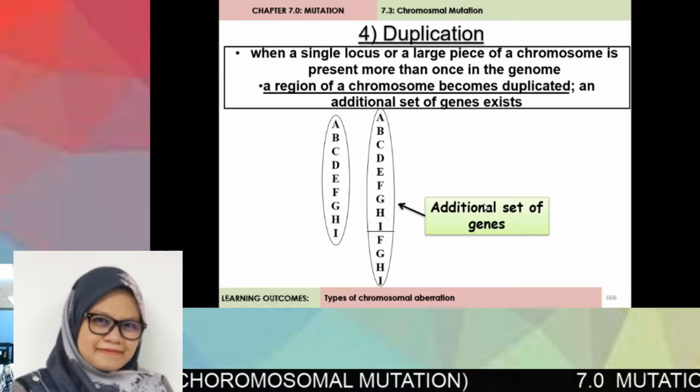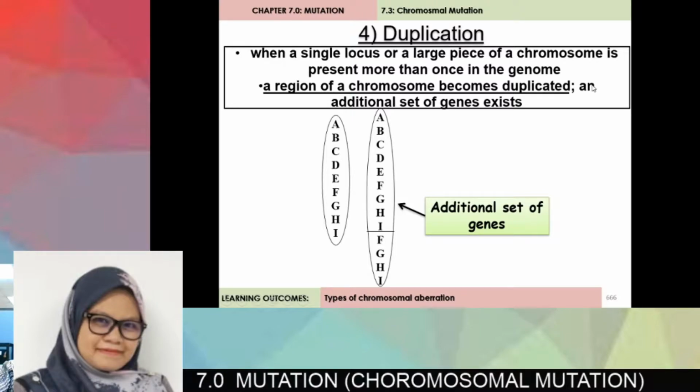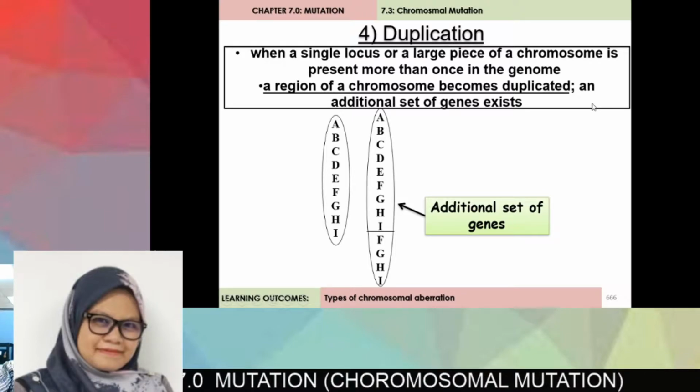The last one is gene duplication. When a single locus or a larger piece of chromosome is present more than once in the genome, or a region of chromosome becomes duplicated, an additional set of genes exists.